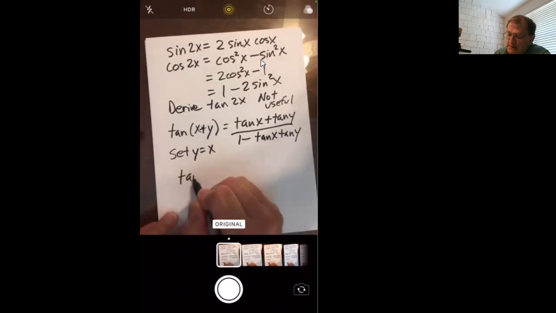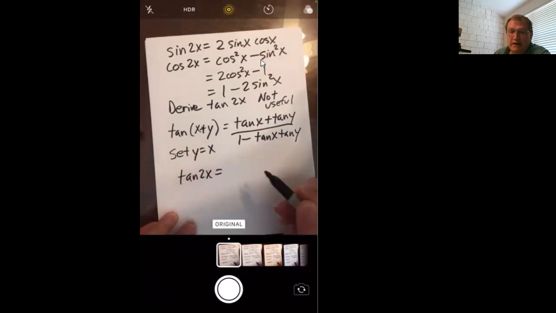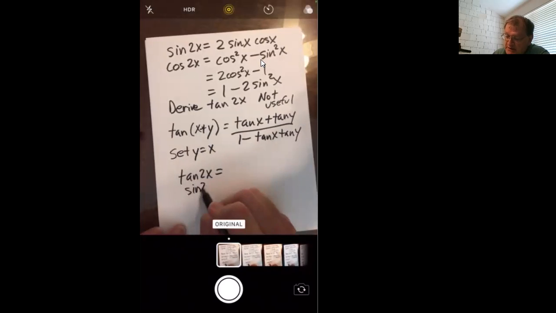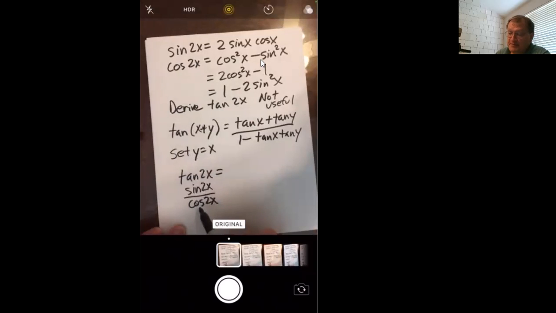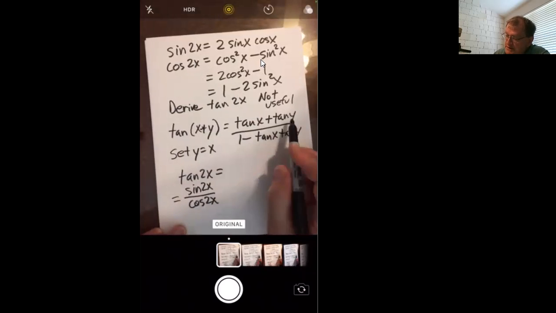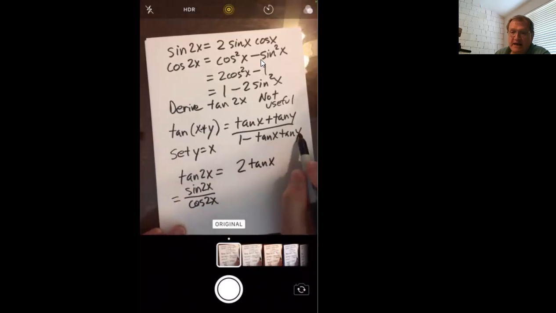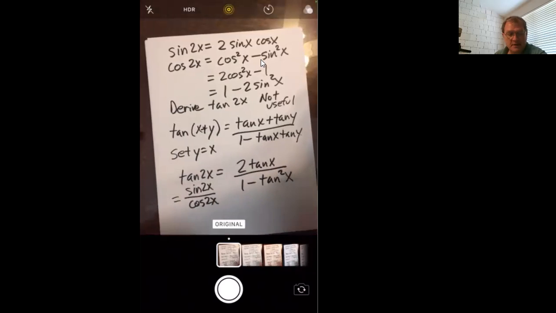That's the tangent of 2x. Now, never forget, it's also sine of 2x over cosine of 2x, and you can use these formulas up here, and that's done a lot. It's equal to this. Never forget that. But directly from here, it's twice tangent x over 1 minus tan squared of x.